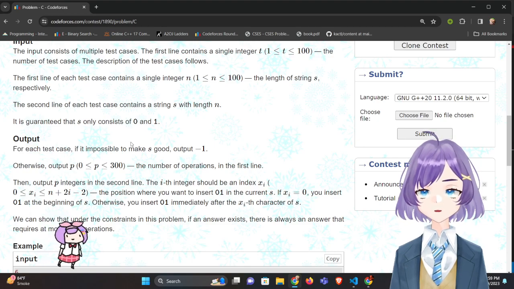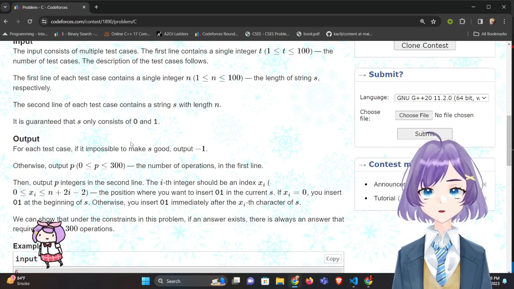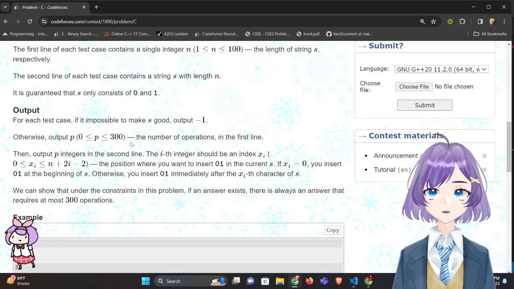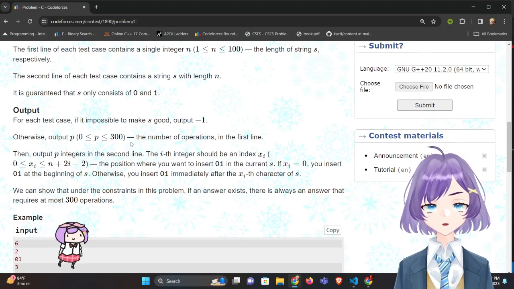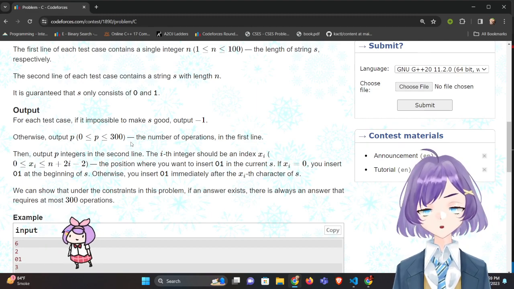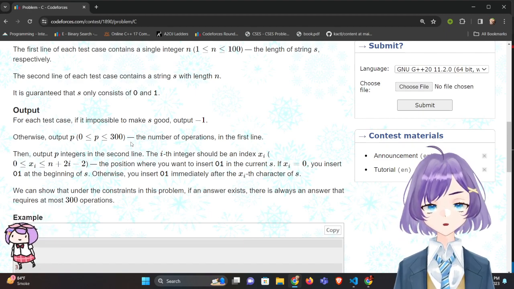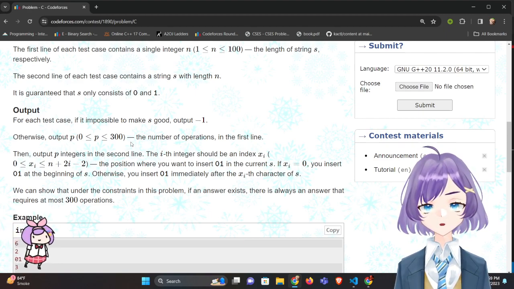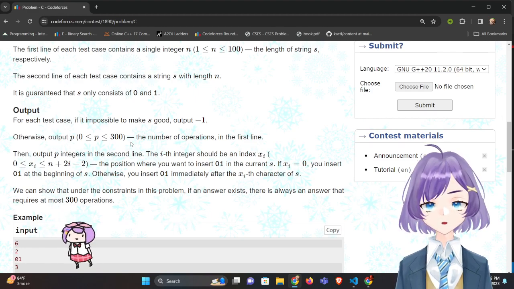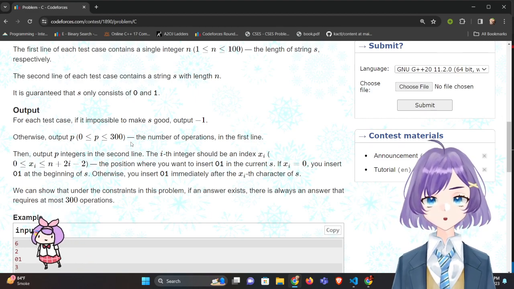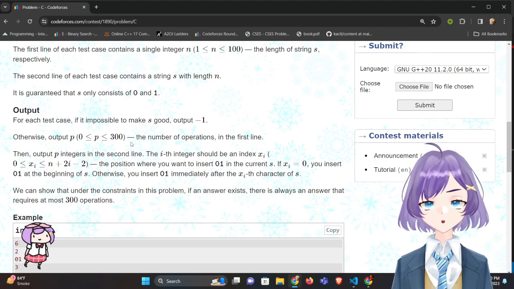For each test case, if it is impossible to make S good, output -1. Otherwise, output P, the number of operations, in the first line. Then output P integers in the second line. The ith integer should be an index xi, the position where you want to insert 0, 1 in the current S. If xi is equal to 0, you insert 0, 1 at the beginning.